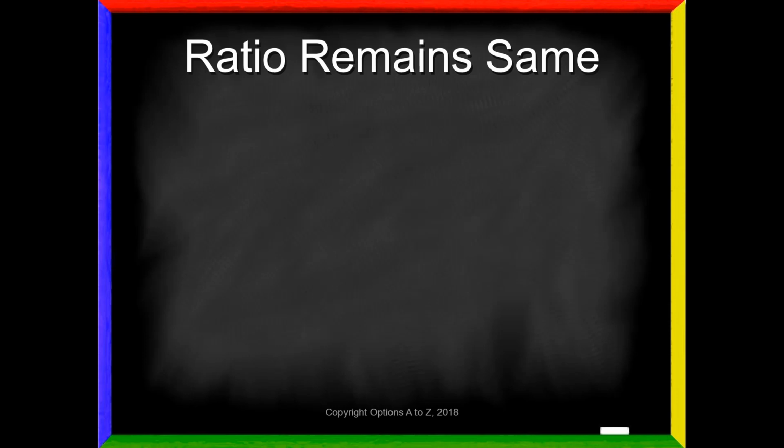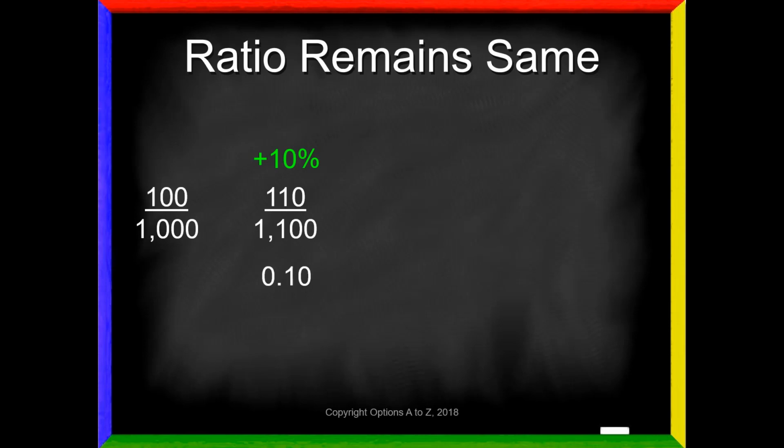What's interesting is that this ratio remains the same as long as those proportions remain the same. If the stock is 100 and the index is 1,000, that's a ratio of 0.1. But what if the stock rises 10% and the index rises 10%? Now my stock is worth 110 and the index is worth 1,100, but notice that the ratio doesn't change.